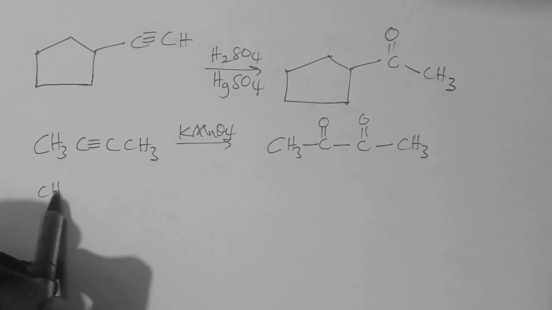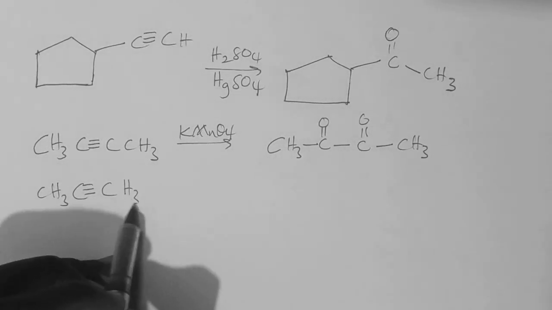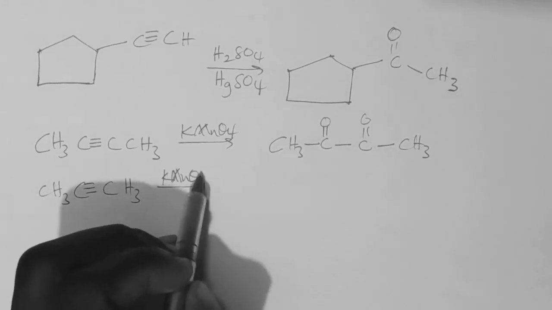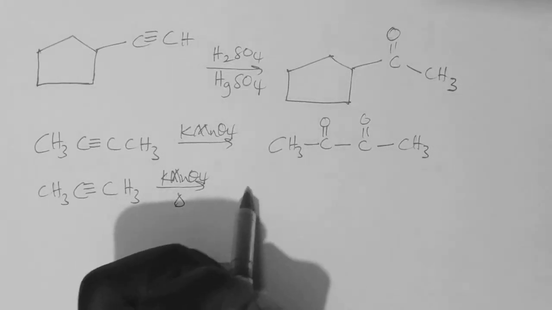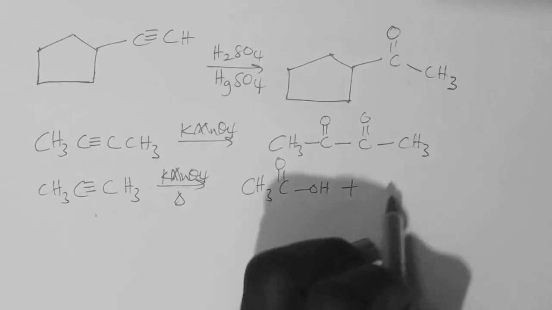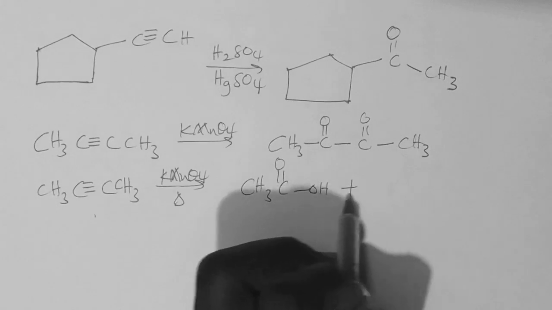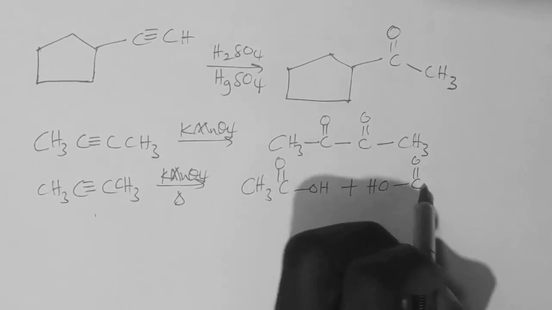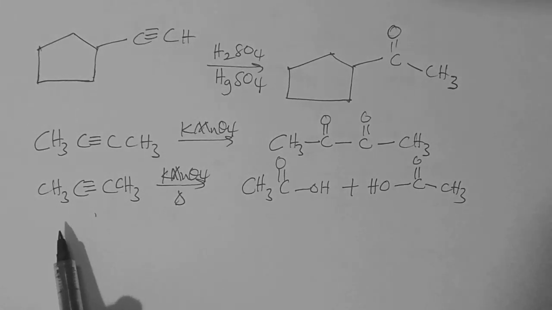If you put it in a more strict condition, that is heating the whole solution, then you form carboxylic acid. Sorry, there's a CH3 here. So this is how the oxidation of alkynes happens.